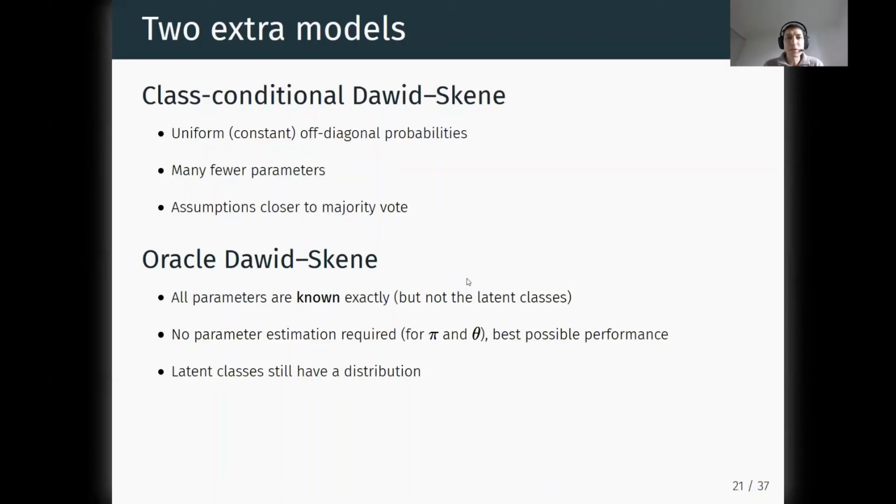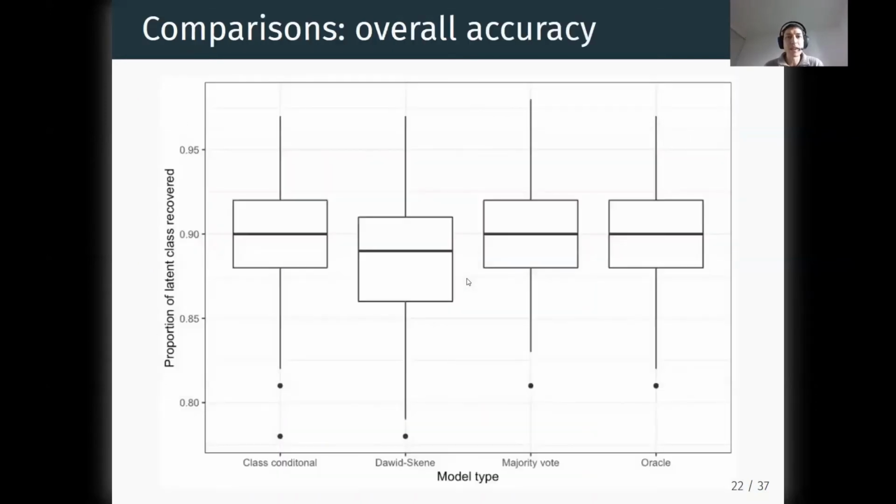We will still assume the latent classes are not known, so only the other parameters. So that means the only uncertainty left is to do with inferring the latent class. So this model will give us essentially an upper bound on the possible performance we can get from an actual real model in practice. So here was what we get when we put all of those models side by side.